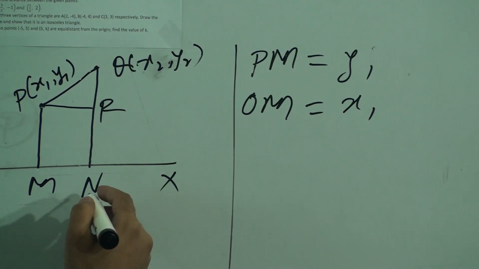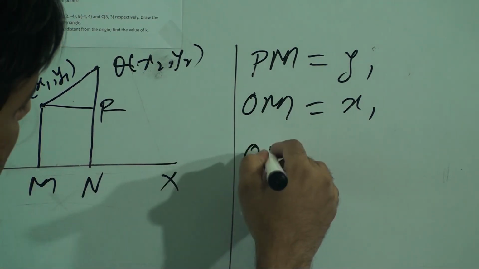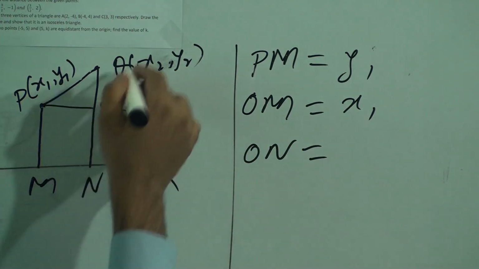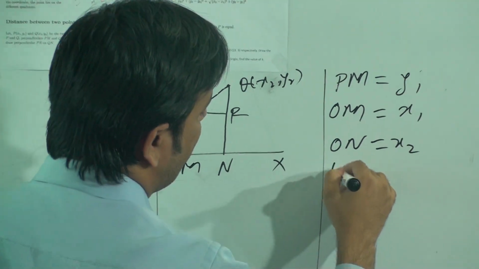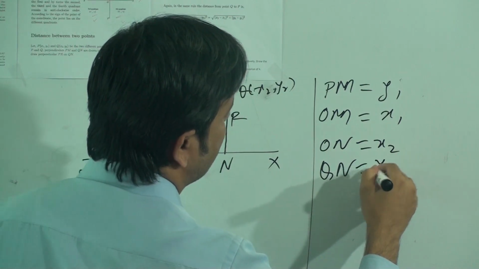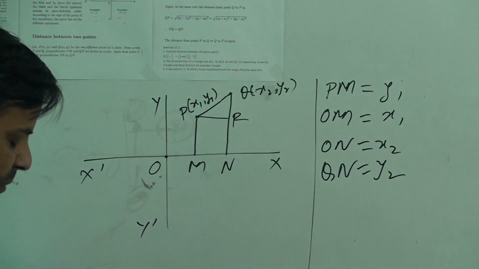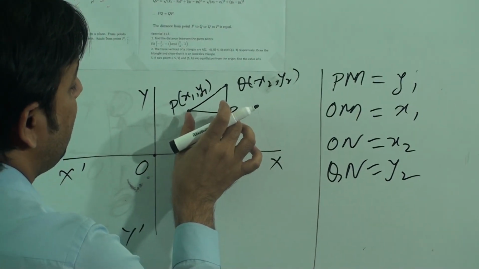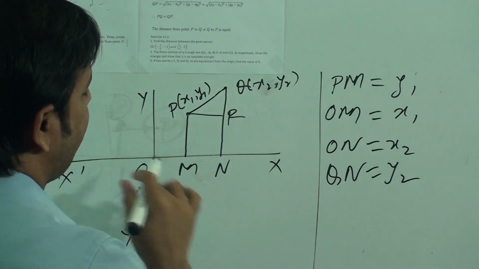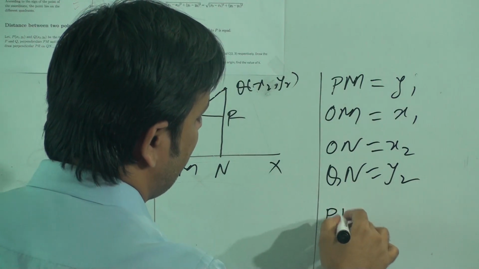And ON will be x2 and QN will be y2. Now we can determine the value of PR at first.